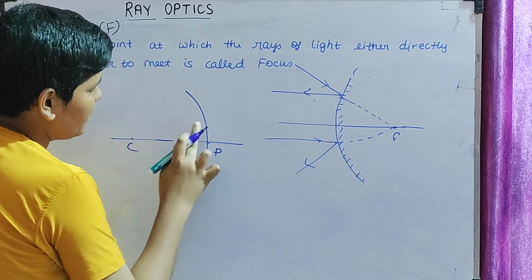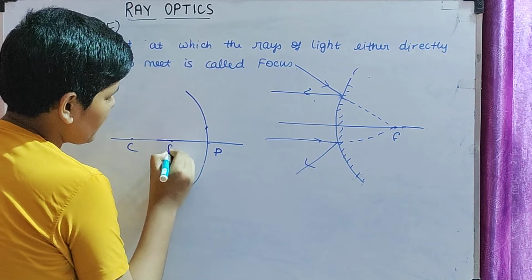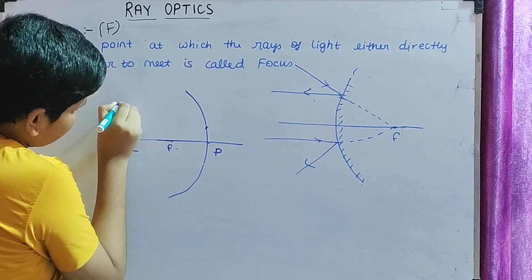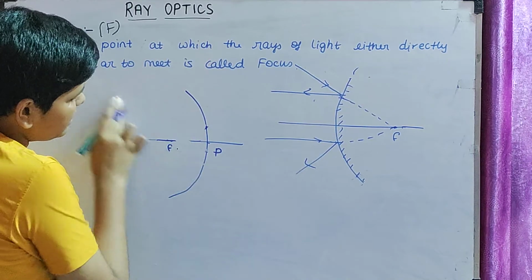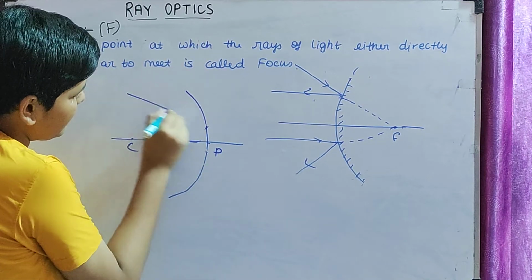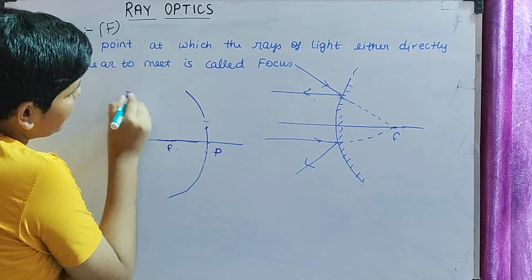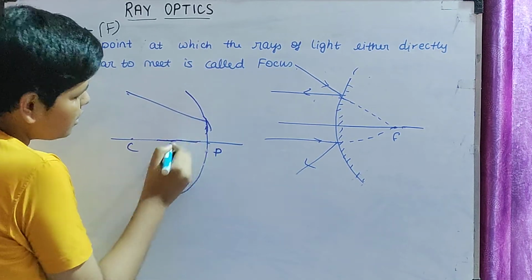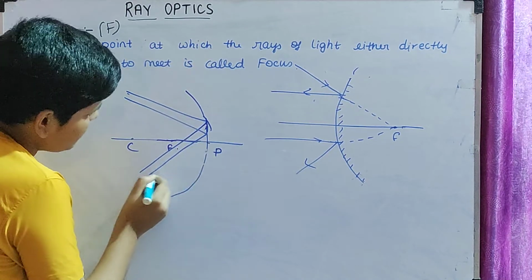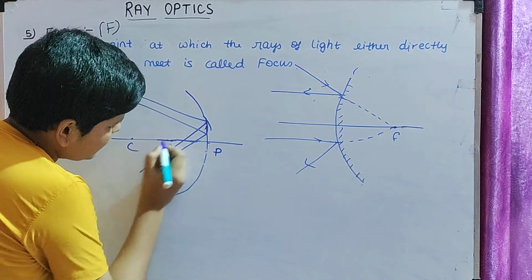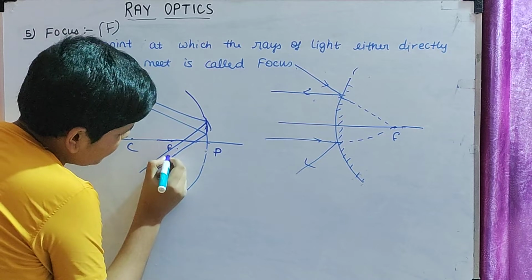What if they are not coming parallel to the principal axis? So if they are coming like this, or else instead of like this, we can take it, they are coming directly parallel like this. If they are coming like this, they do not go through the focus, they go like this. Another ray like this. But their focus is somewhere over here only.